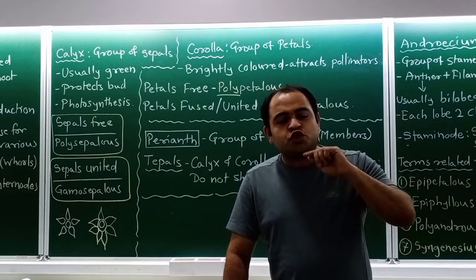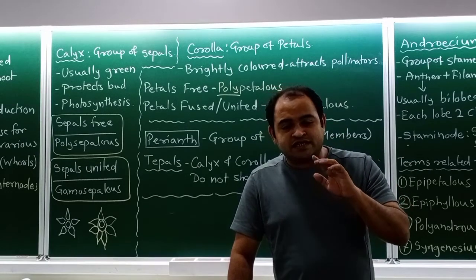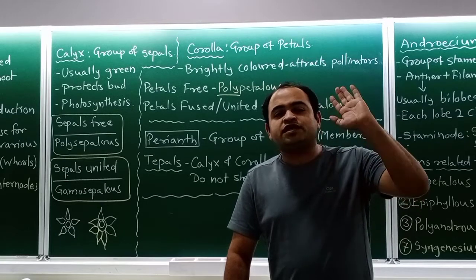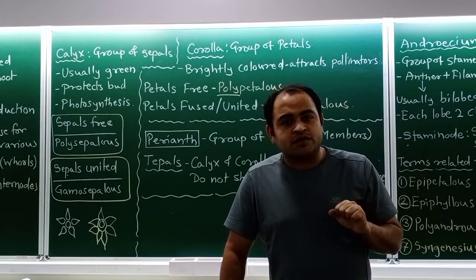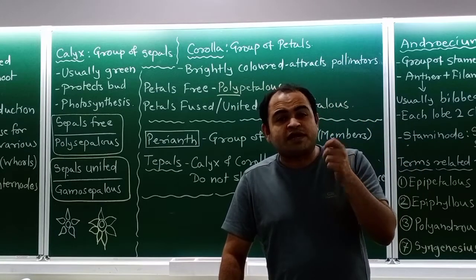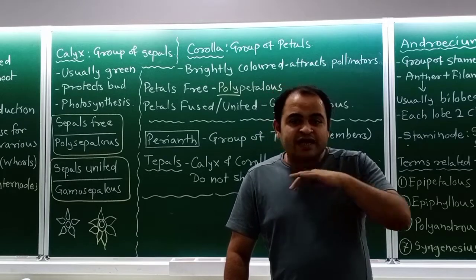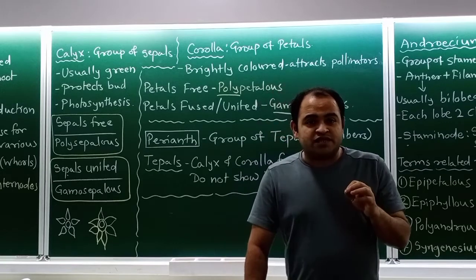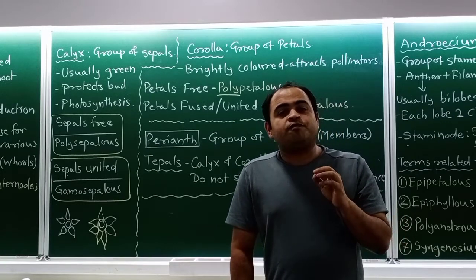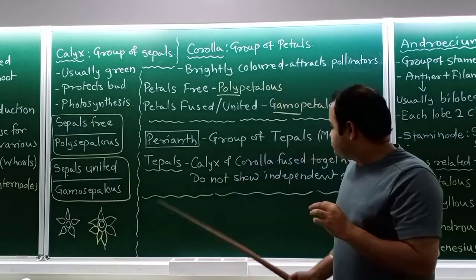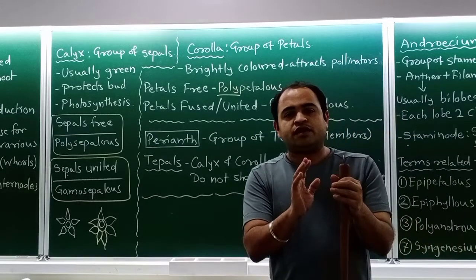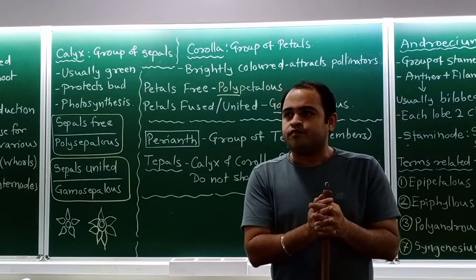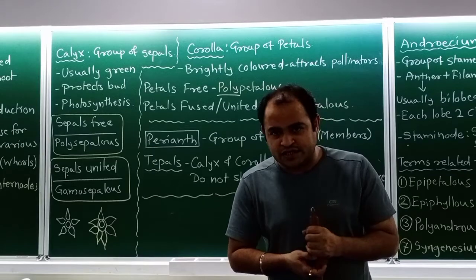That means it shows some existence of calyx, and gradually it fuses with the upper part, that is the thick fleshy petal part, and that part becomes perianth. So tepal is a member of perianth, and when tepals come together, the entire fused structure can be seen easily.